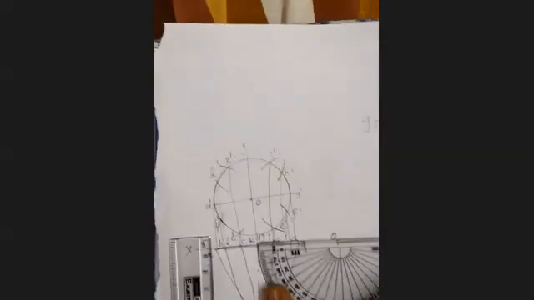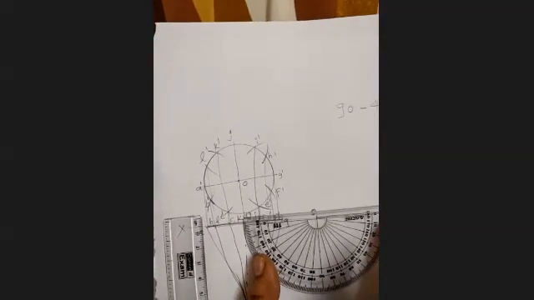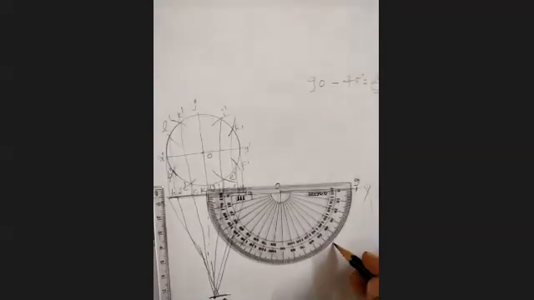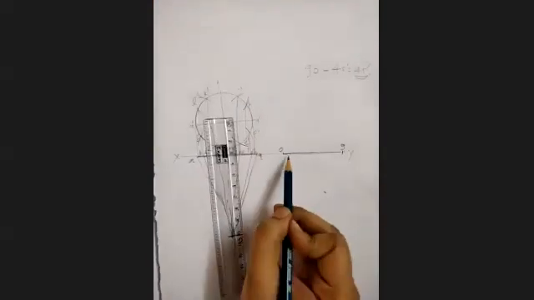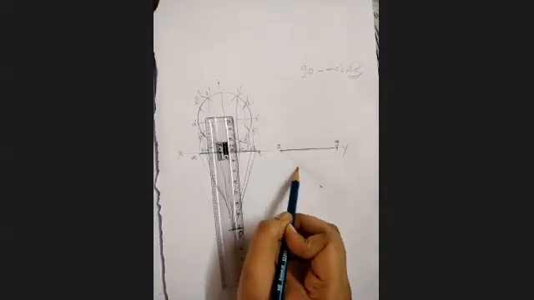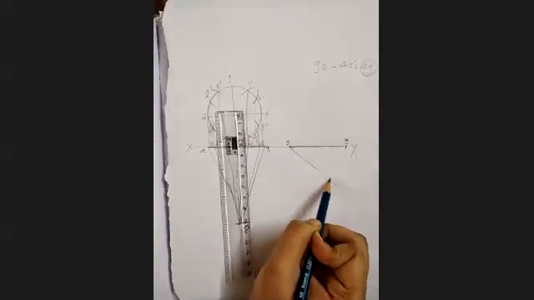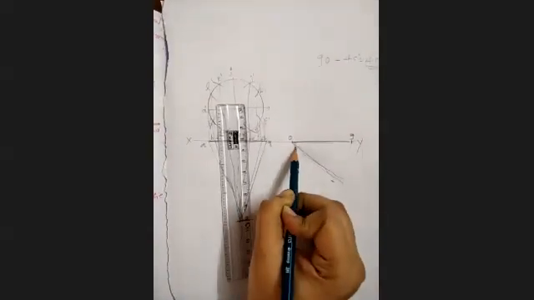After that, by using your protractor, keep like this and take 45 degree angle here. 45 degree angle. By using your scale, just join this point like this. Which length is exactly equal to this length.